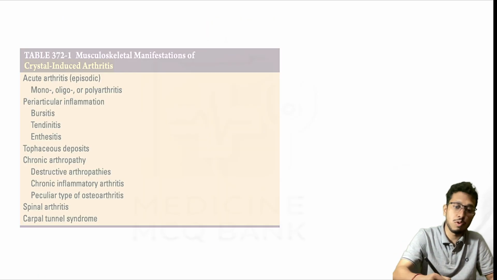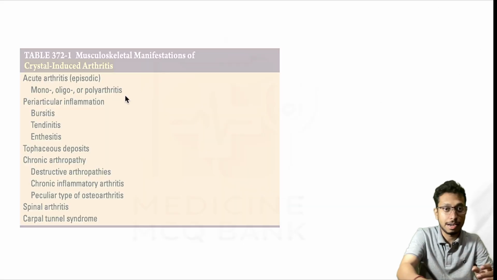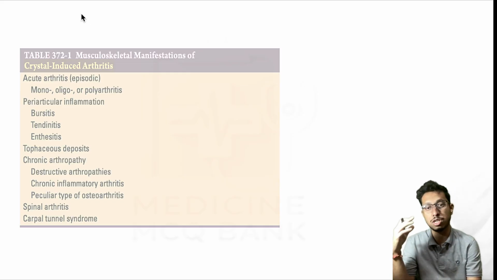Now we are moving into a more detailed discussion about the topic proper, which is our gout. This crystal associated arthropathy can have varied presentation in the body. It can present like an acute arthritis episode, mono, oligo, or polyarthritis, periarticular inflammation in the form of bursitis, tendinitis, or enthesitis, or deposition of tophi, which is seen mostly in the late stages.